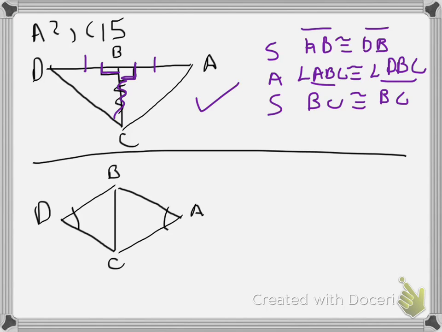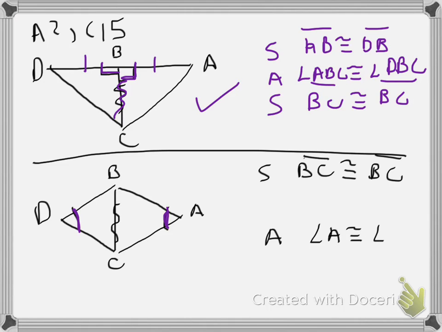Now we knew right from the beginning that BC is shared, so that's an S. BC is congruent to BC. We also have an angle across from it: angle A is congruent to angle D. This was called BAC and this was called BDC, but I'm using the shorter ones.